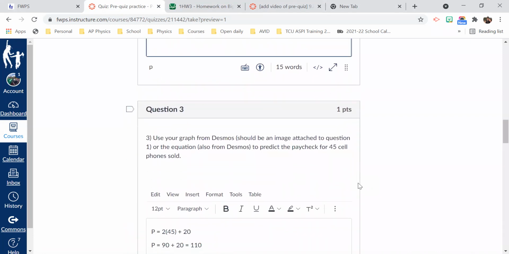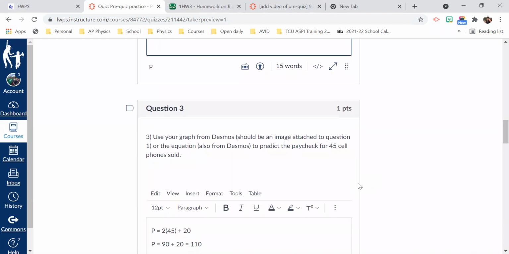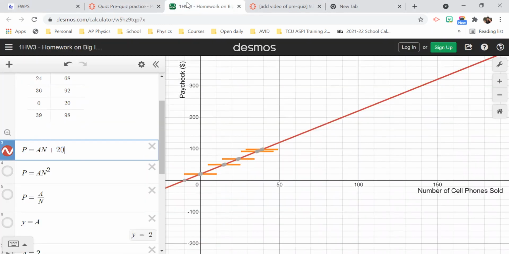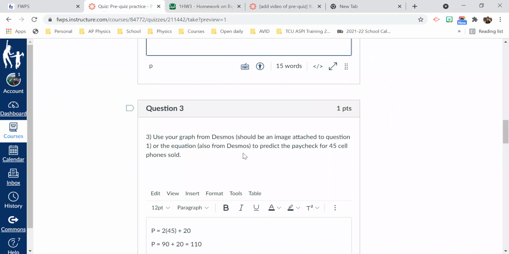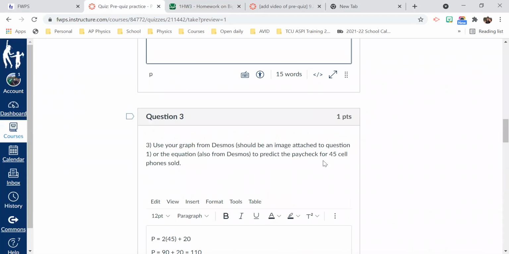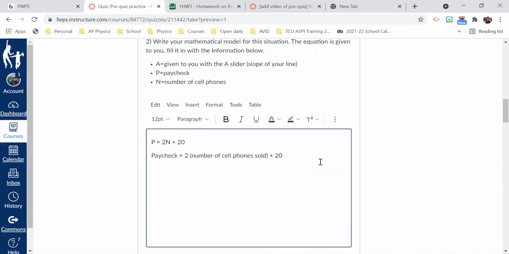Then we get to question 3, and this is saying use your graph from Desmos to predict the paycheck for 45 cell phones sold. Well, you can take it and plug it into this equation and come up with your answer. So what will your paycheck be if you sell 45 cell phones? 45 times 2 plus 20 is going to give you that value.